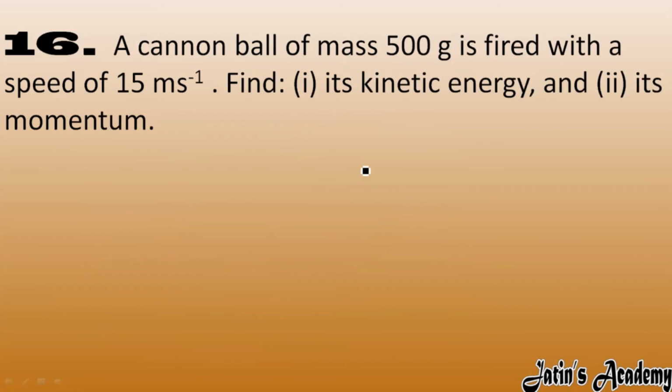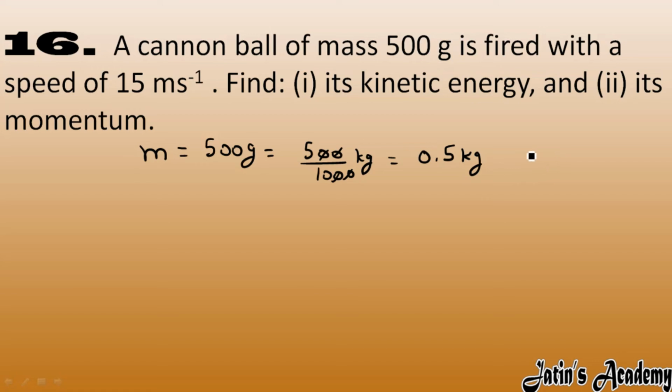Next we have a cannonball of mass 500 gram fired with the speed of 15 meter per second. Find its kinetic energy and its momentum. So a cannonball whose mass is 500 gram, which is 500 by 1000 kilogram, so here we got 0.5 kg, and the speed or velocity is given as 15 meter per second.